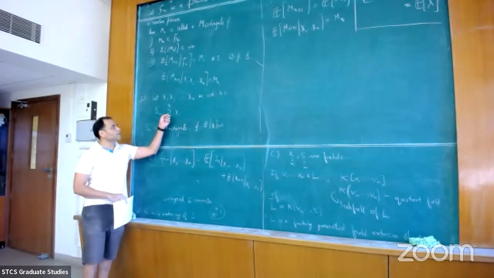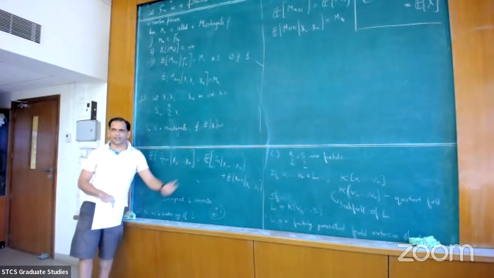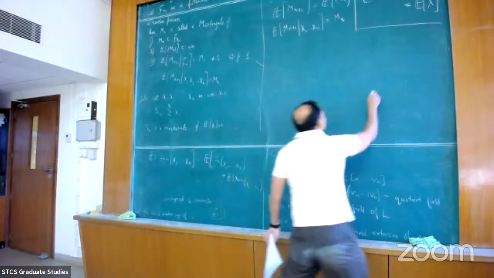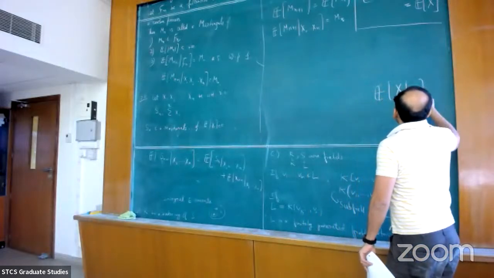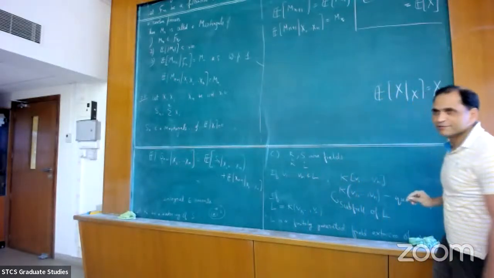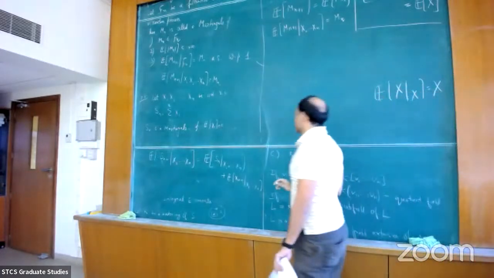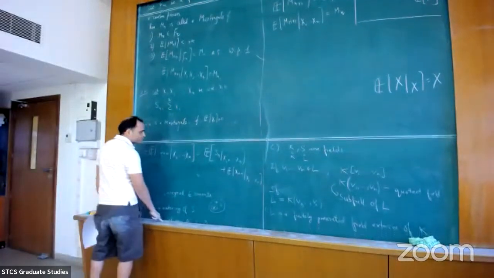So I'm using linearity. And this again, let me just write another problem: the expected value of X given X is X. We've taken all the randomness out of it, or any measurable constant which completely determines it.